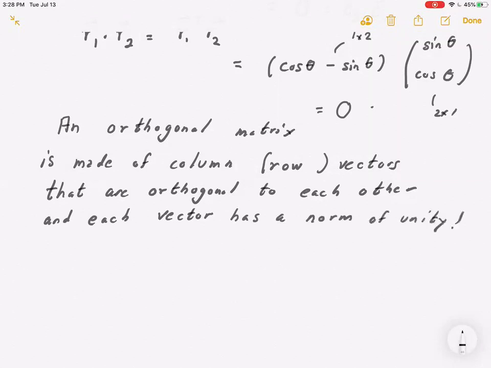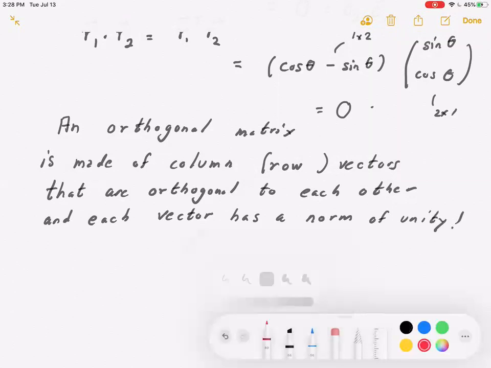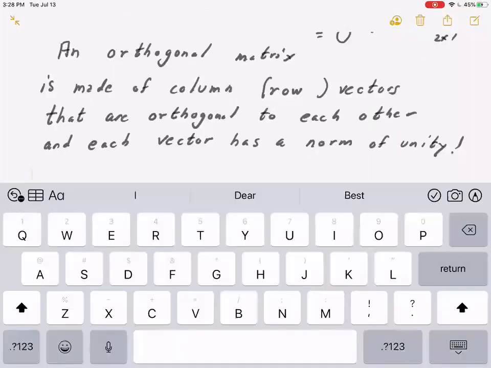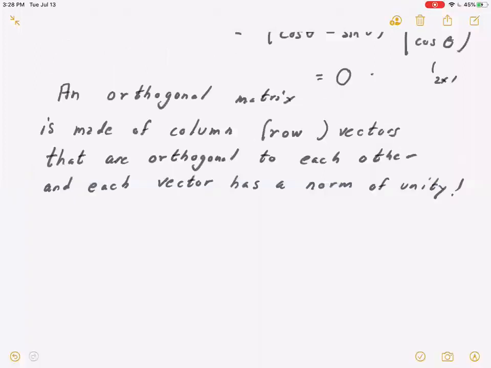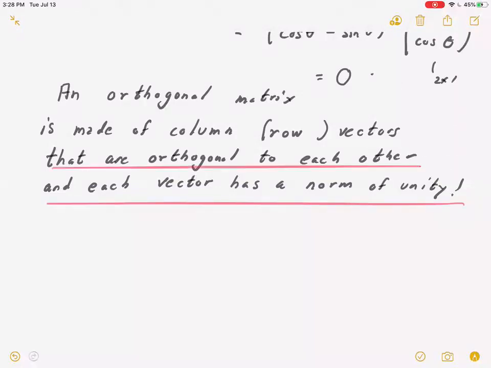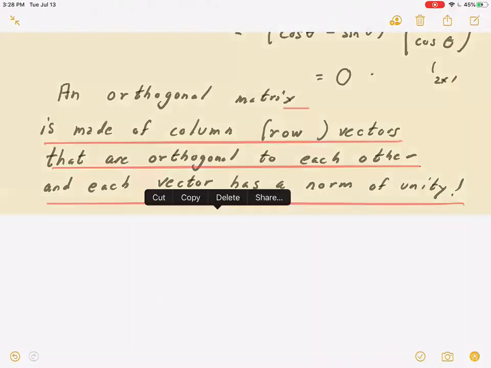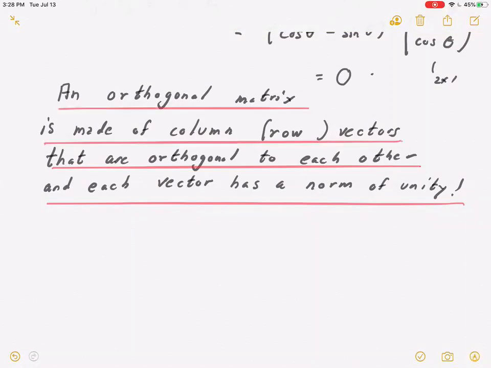So now we see exactly where we get the idea of calling this an orthogonal matrix. We bury inside of it, for this one example, that is true for any orthogonal matrix. We won't prove that here, but it is true. The row vectors or the column vectors are orthogonal to each other, and each vector has a norm of unity.